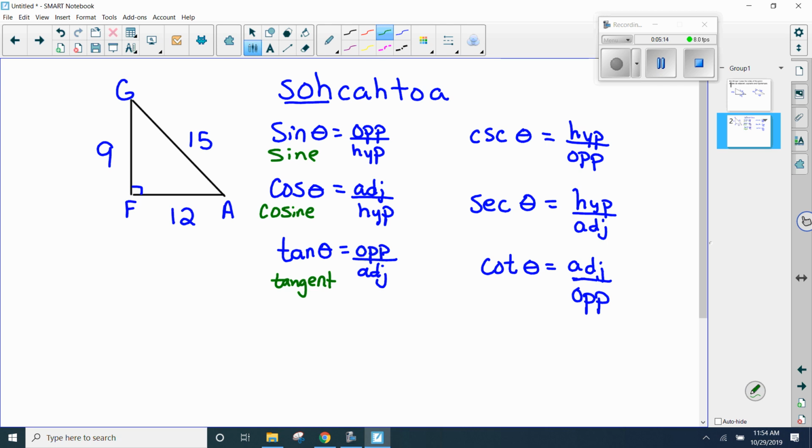The one thing that drives a math teacher up a wall is if you say sin, cos, tan. It's sine, cosine, tangent. And then come over here, and this is cosecant. This is secant. And this is cotangent.